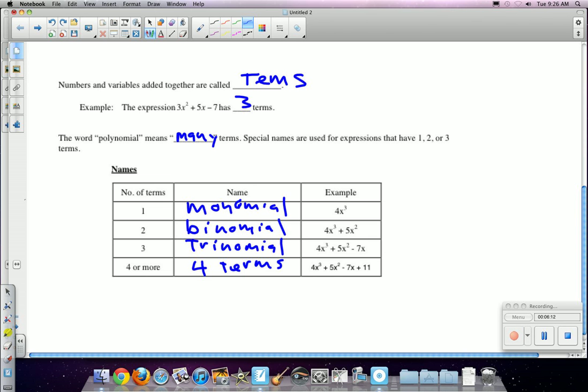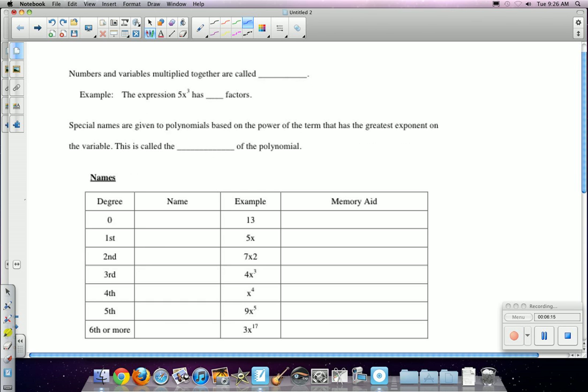So now we go to the next page. Numbers and variables that are multiplied together are called factors. For example, the expression 5x cubed has 4 factors: 5, x, x, and x.